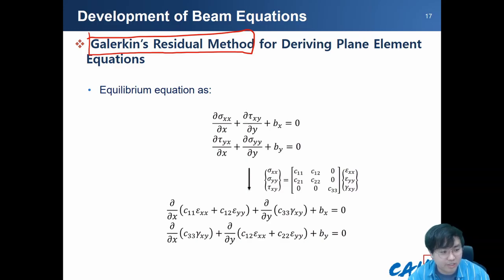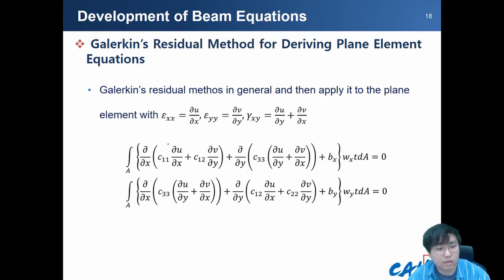For example, the local stiffness matrices of the 2D system. So let's go back again. This is the equilibrium equation. Here we neglected the acceleration terms. Then we say that plane stress and plane strain have those elastic stiffness matrices, and the equation can be expressed like this, and the strain is also expressed like this.